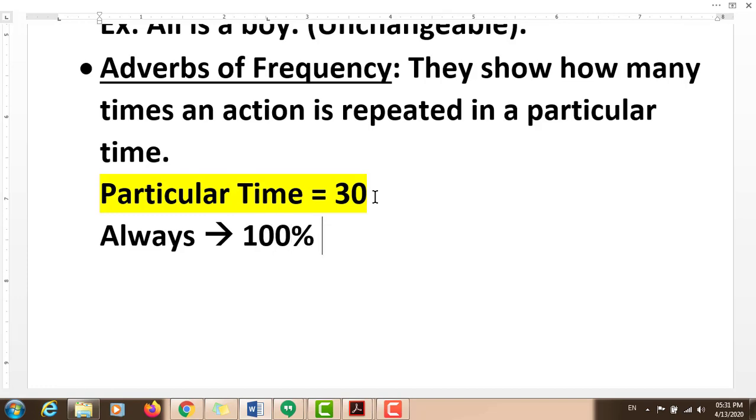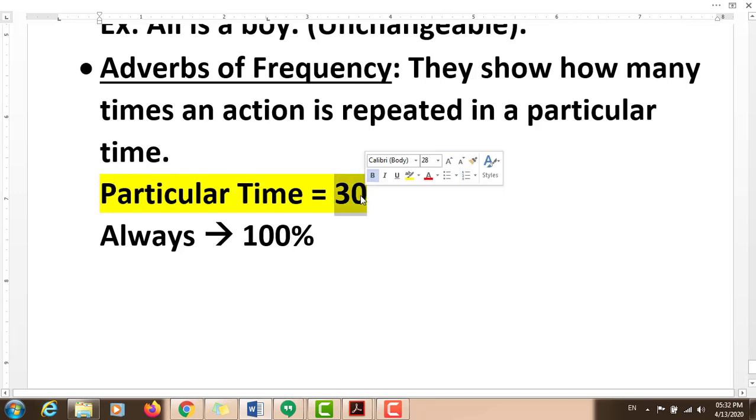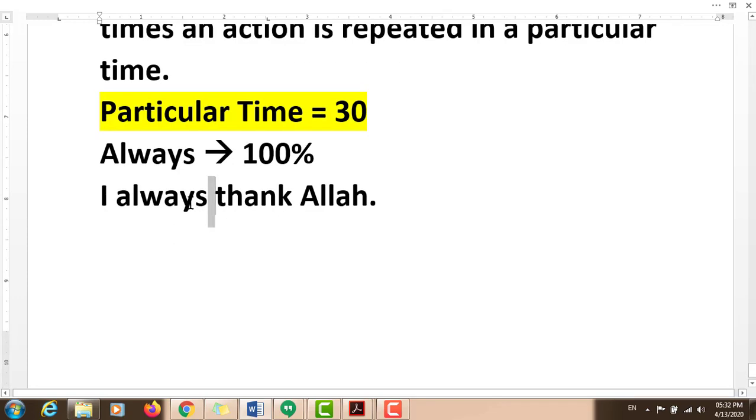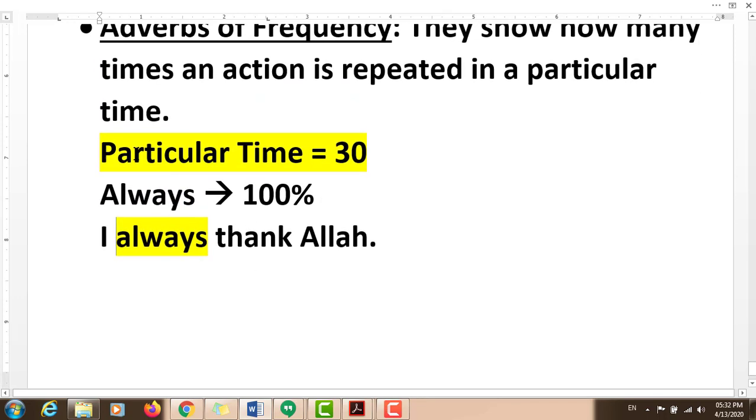How much? 100%. So here it means in 30 days you do something for the complete 30 days, you never miss a day. Example: I always thank Allah. That means this is an adverb of frequency. It shows the repetition of an action in a particular time. Now, our particular time is just an example.